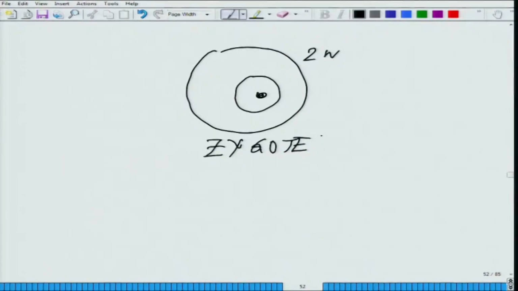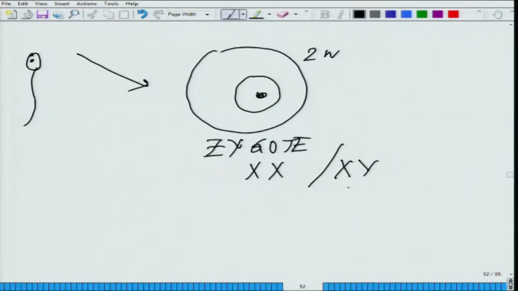It could be either XX or XY. If it is an XY zygote, then this is a male, and if it is an XX zygote, then this is a female.